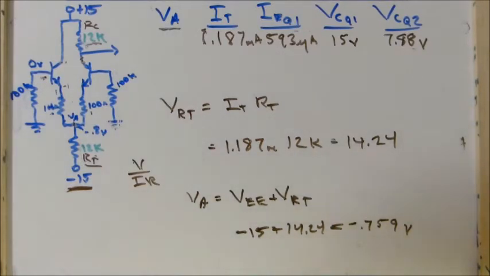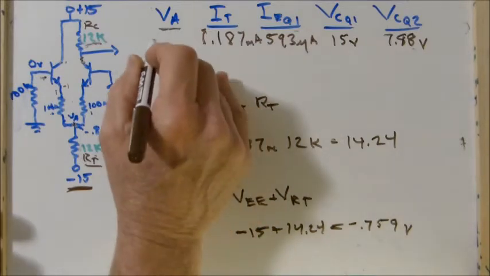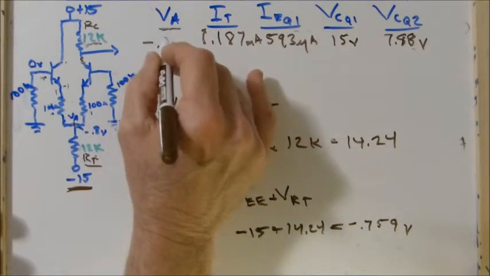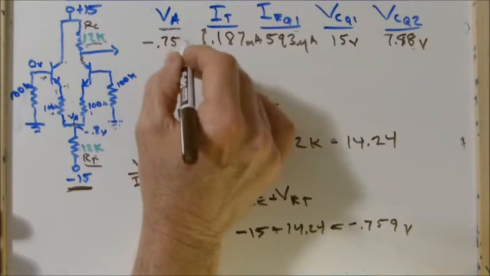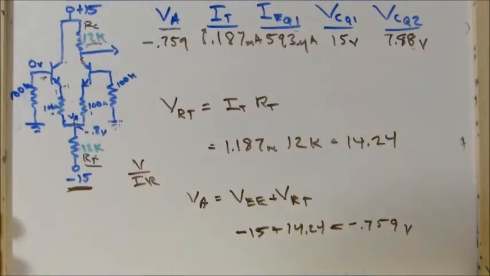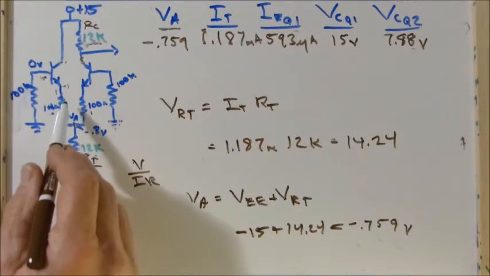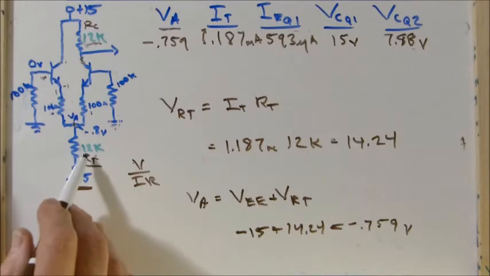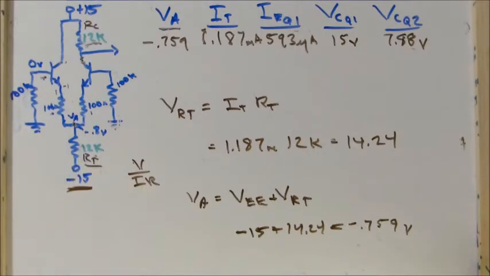Negative going. Okay, so I came out with a negative 0.759. Just about 0.8 volts. Again, yours will probably be a little bit less because you have a 10K there in lieu of the 12K.